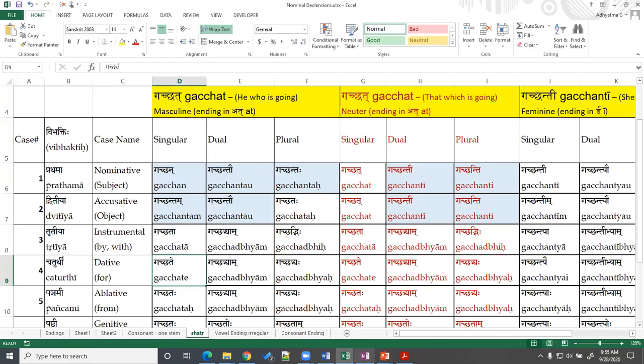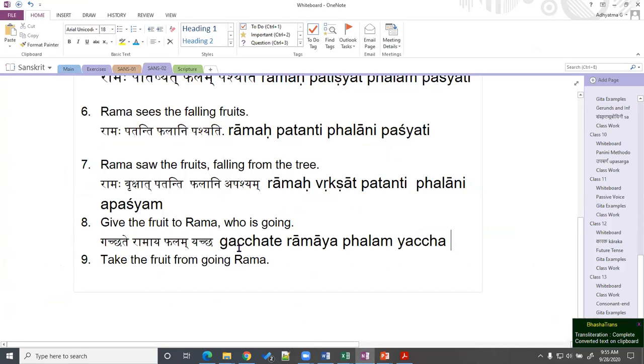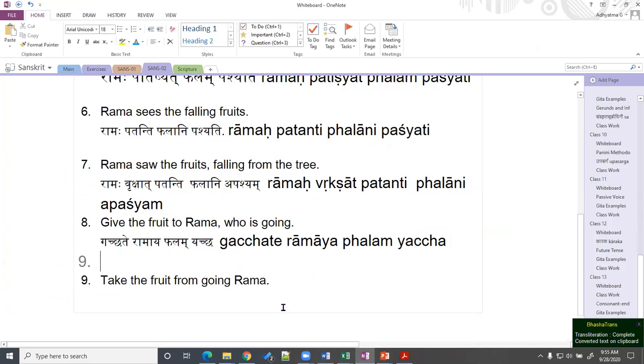Gacchate Ramaya. So gacchate Ramaya phalam yacha. That's what it would mean: give the fruit to Rama who is going. So we can use the participle form.